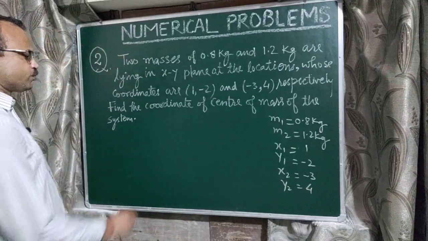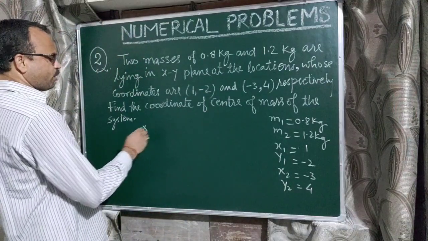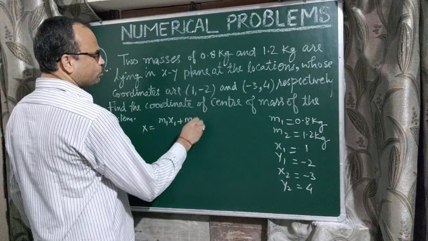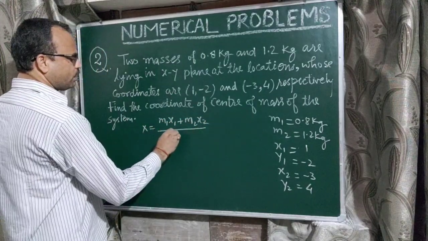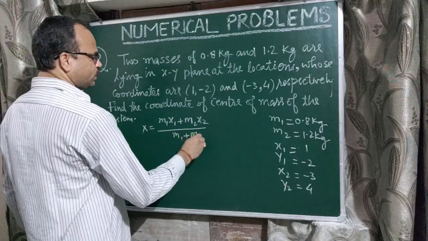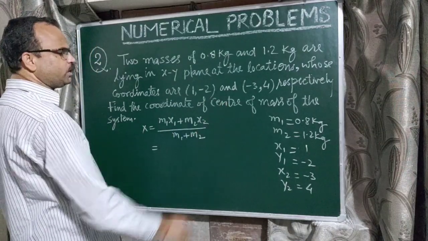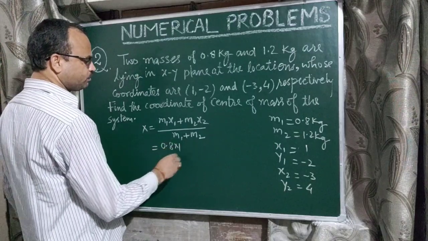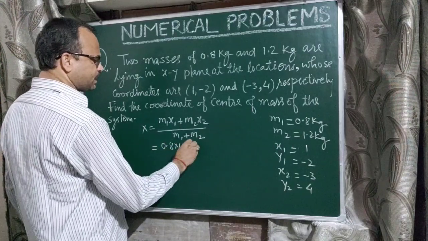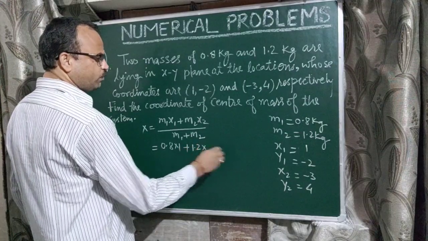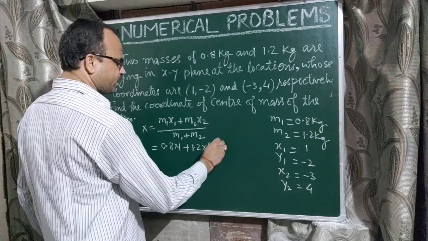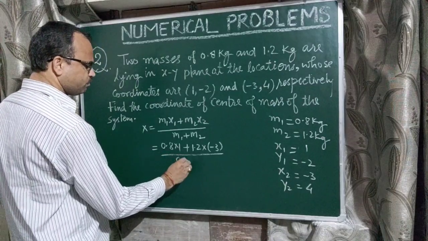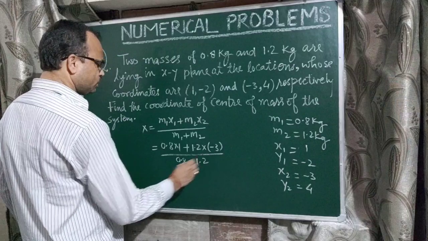As we know, the x coordinate of the center of mass is given by (m1 x1 + m2 x2) upon (m1 + m2). Now substitute the values: 0.8 into x1, which is 1, plus the value of mass m2, which is 1.2, and the value of x2 is -3, upon 0.8 plus 1.2.